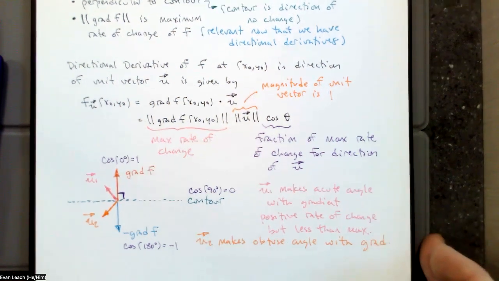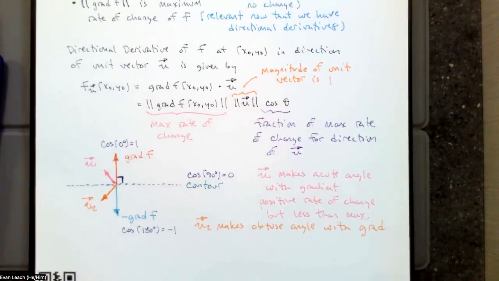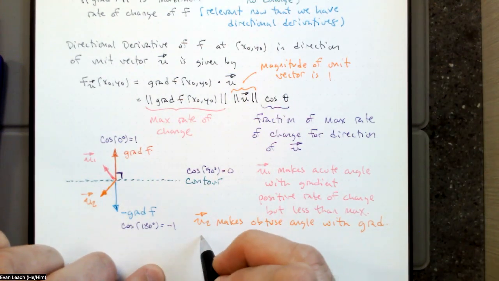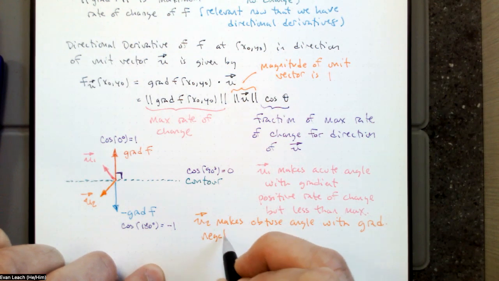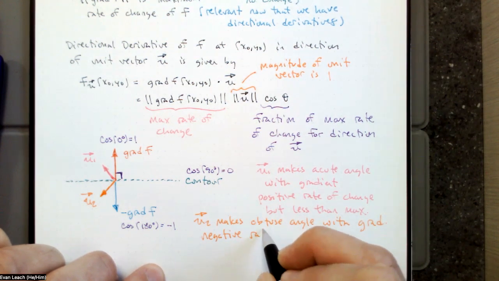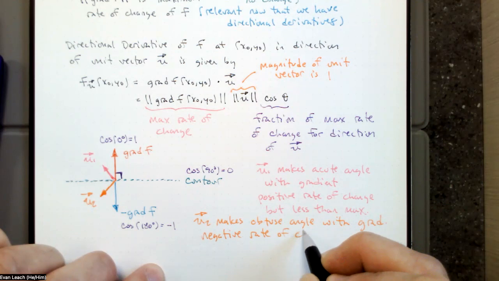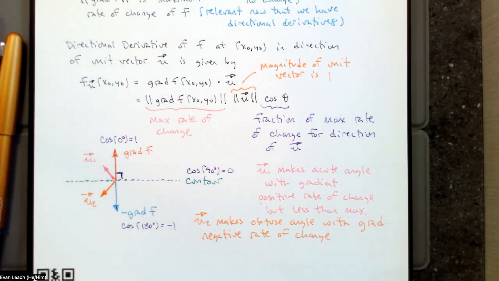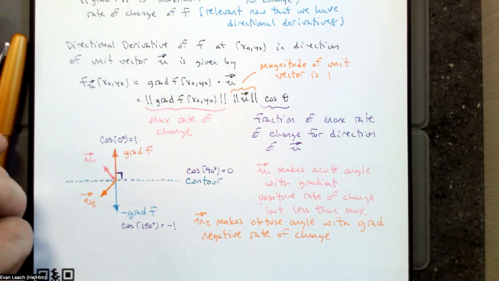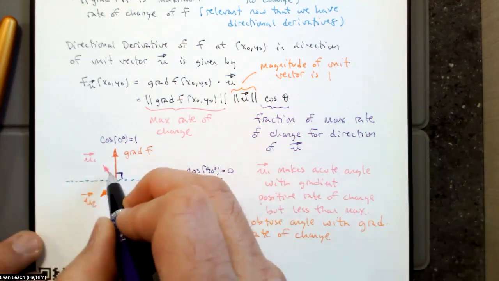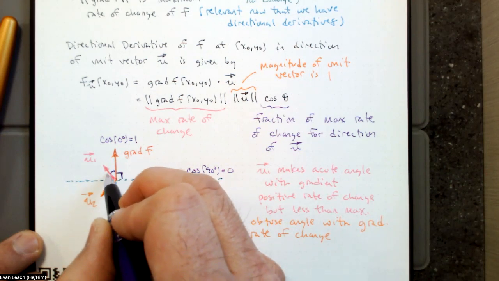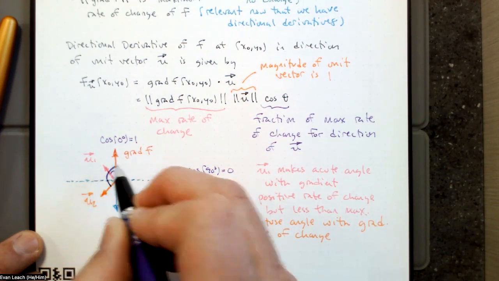So U2 makes an obtuse angle with the gradient, and so we'll see a negative rate of change. U1 makes an acute angle with the gradient. U2 makes an obtuse angle with the gradient.